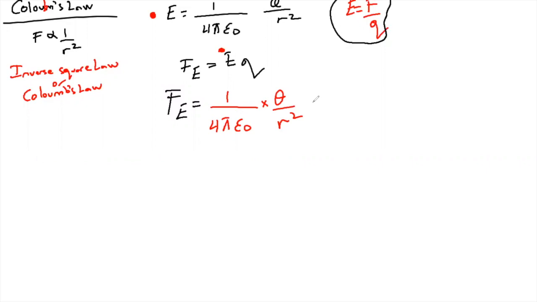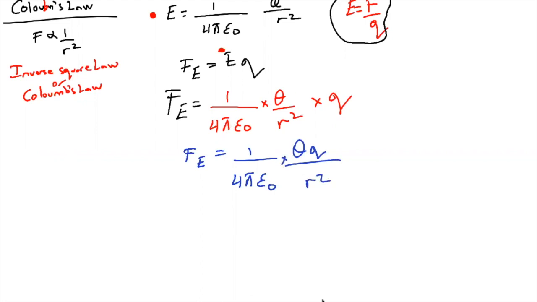Multiplied by QR squared, multiplied by Q. Now, this is a constant, right? But we can say K too, but let's go with this for now. And you're going to end up with this. FE is going to be equal to 1 divided by 4 pi E naught, and we have QQ divided by R squared.